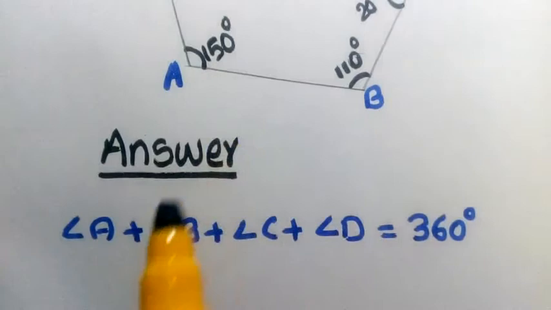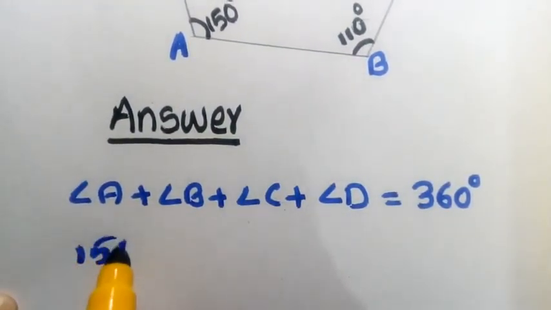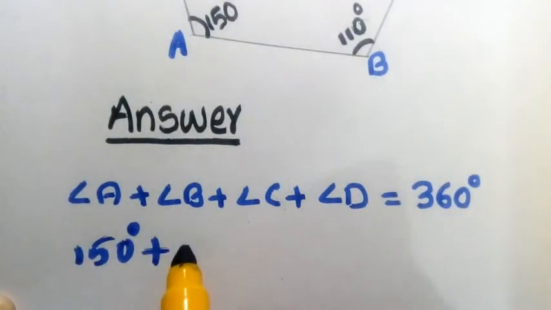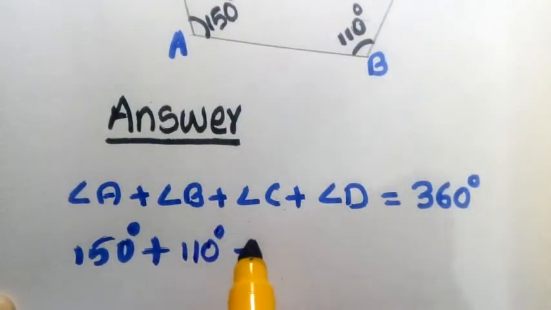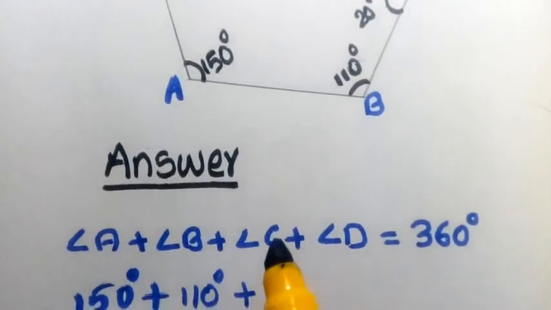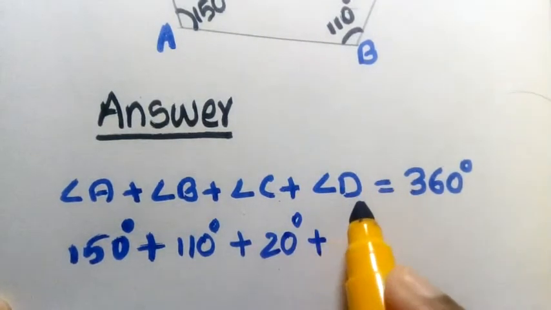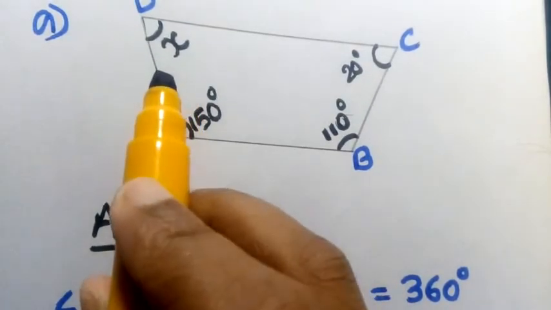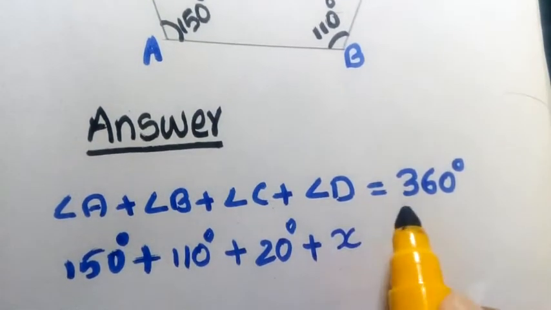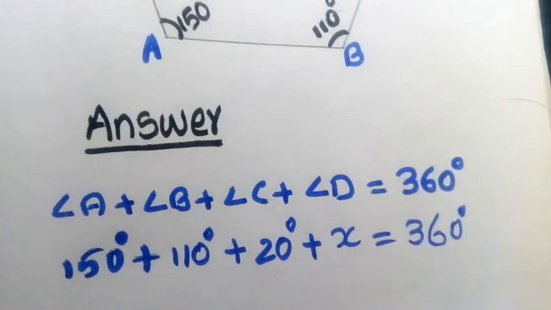Angle A is 150 degree plus angle B is 110 degree plus angle C is 20 degree plus angle D is x. We need to find that angle. So plus x is equal to 360 degree.